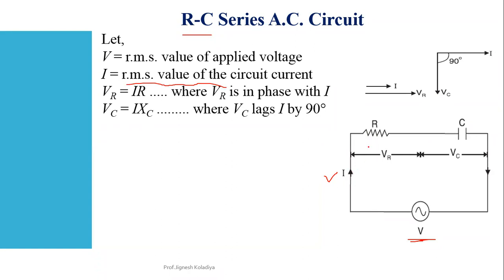As it is a series circuit, the same current passes through the resistance as well as the capacitance. That's why one voltage drop takes place across the resistance and another across the capacitor, because the capacitor has its own capacitive reactance. So the voltage drop VR is given by I into R, and VC is equal to I into XC.